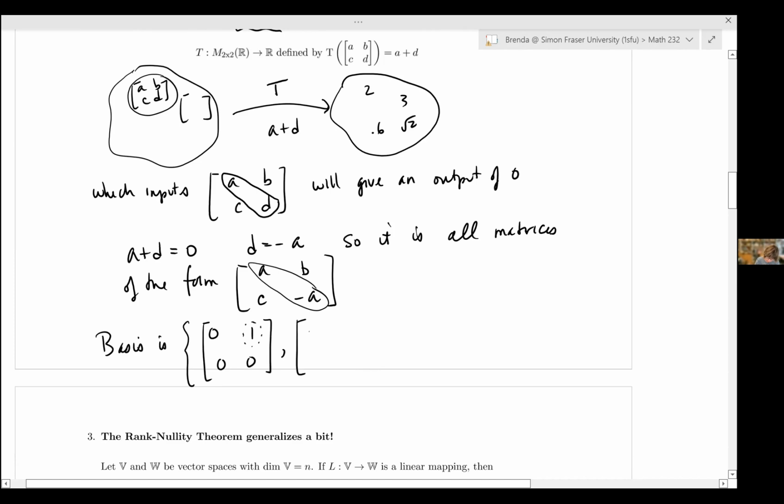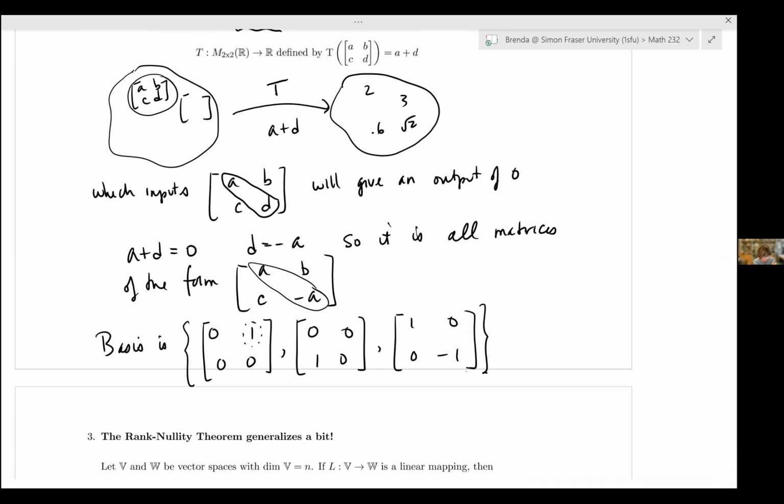And then here's a linearly independent vector with the same property. There's 2 linearly independent, and then what's our other possibility? So all linear combinations of these vectors in our vector space consisting of all 2x2 matrices will result in a 0 output. So the basis for the null space is this thing, and it is of dimension 3.